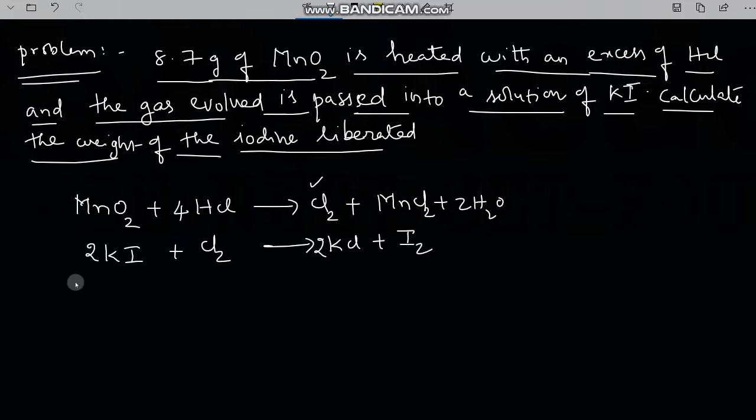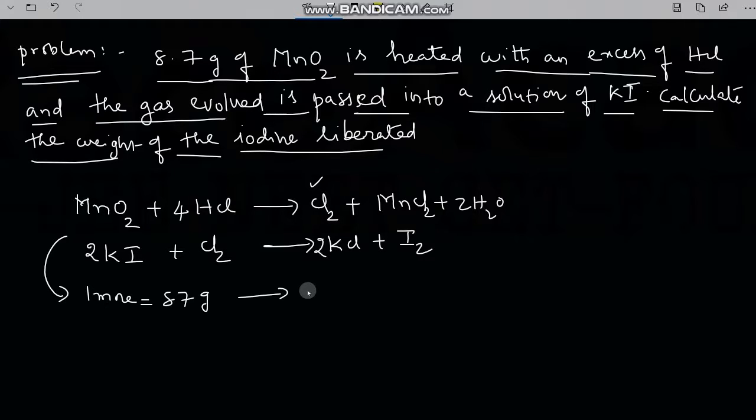We can understand from the above two equations that in the first equation we have 1 mole of manganese dioxide, which equals 87 grams, its molar mass. That 87 grams of manganese dioxide liberates 1 mole of chlorine. That 1 mole of chlorine liberates 1 mole of iodine.